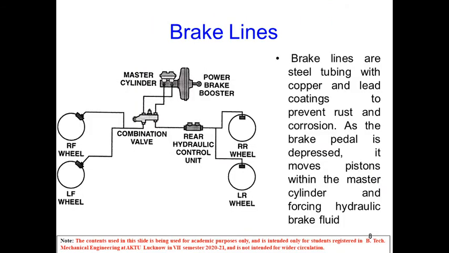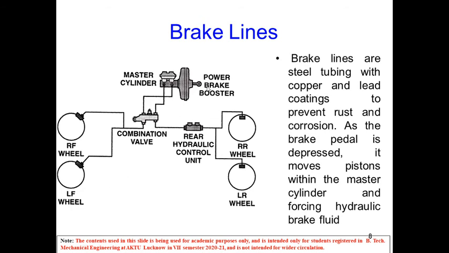Now we'll discuss the brake linings. Brake linings or lines are steel tubings with copper and lead coatings to prevent rust and corrosion. Basically, they are made of steel. Okay. As the brake pedal is depressed, as we have discussed, it moves pistons within the master cylinder, forcing hydraulic brake fluid.